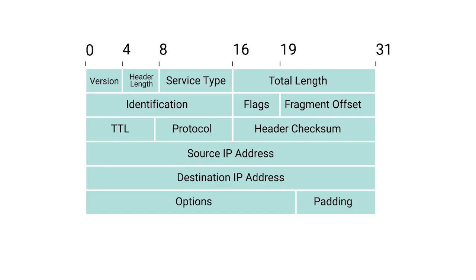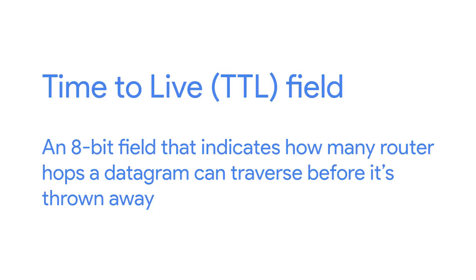Let's move along to the time to live, or TTL field. This field is an 8-bit field that indicates how many router hops a datagram can traverse before it's thrown away. Every time a datagram reaches a new router, that router decrements the TTL field by 1. Once this value reaches 0, a router knows it doesn't have to forward the datagram any further.